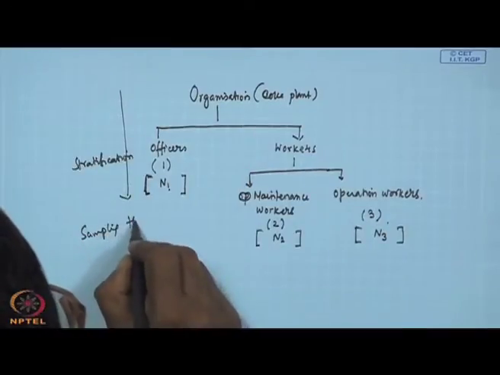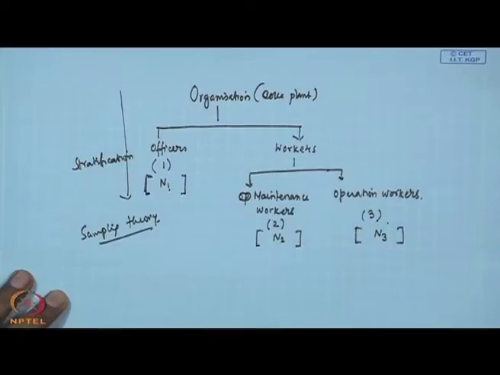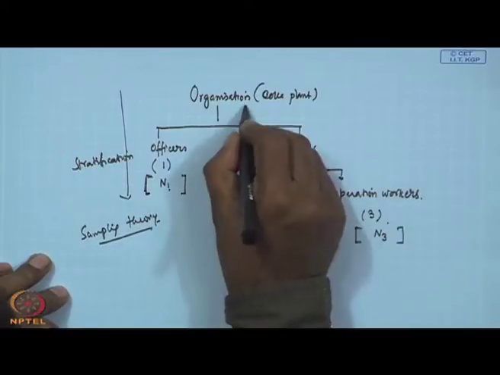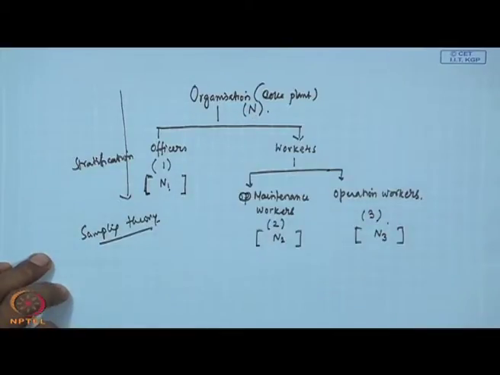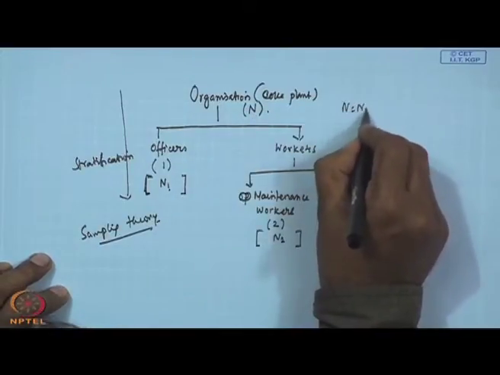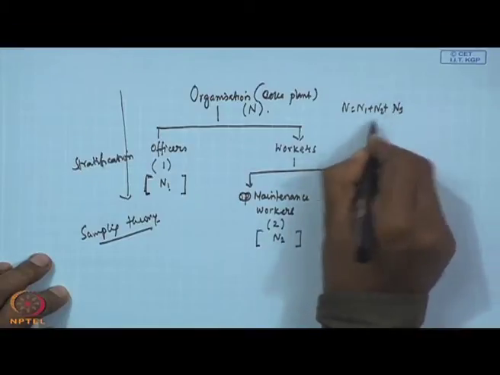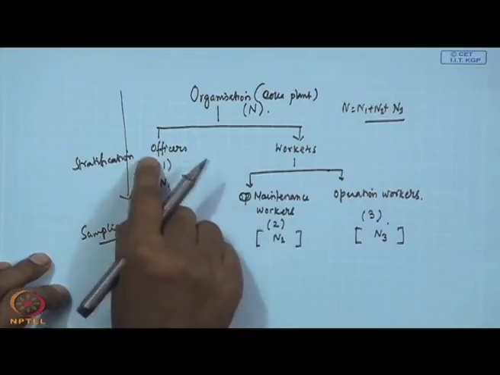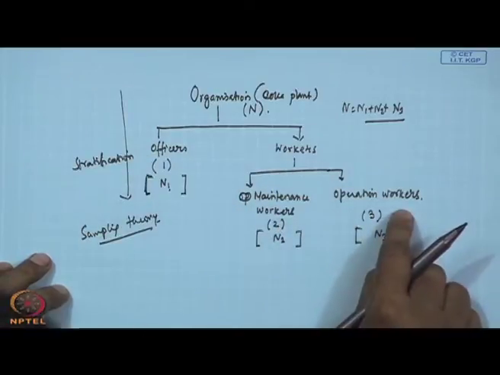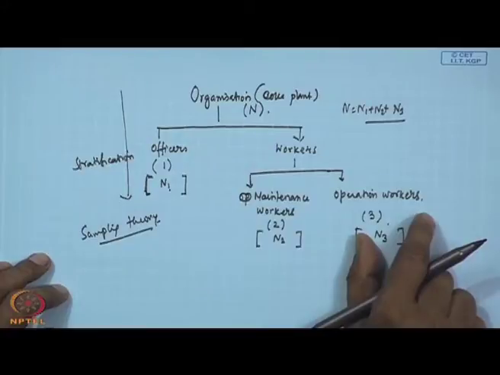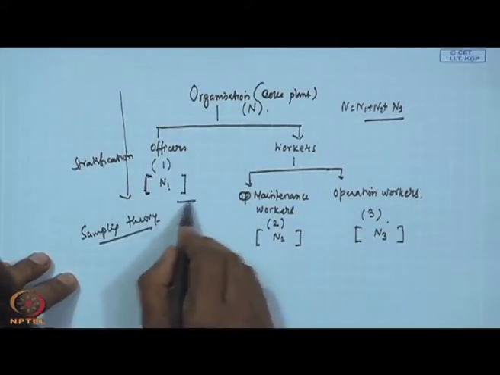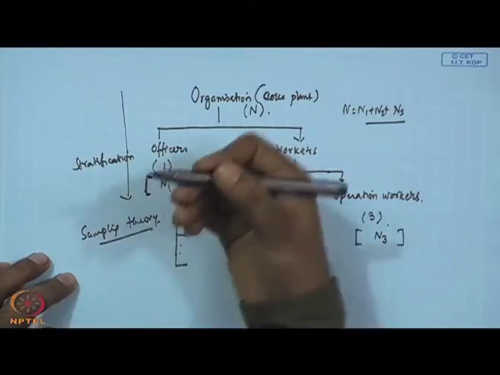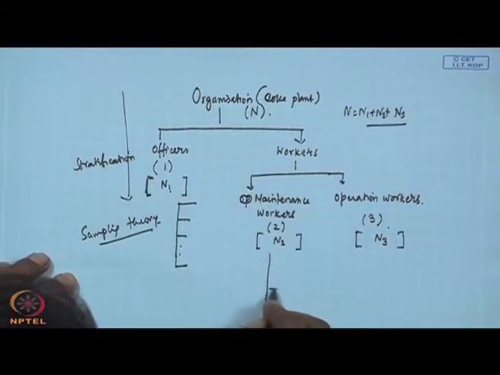In sampling theory, you will find that if N1 people are working in this group, then in totality in the organization N people are working, where N equals N1 plus N2 plus N3 in this case. Now, officers, maintenance workers, operations workers, so many people are there. Again there are 7 factors, so you will be measuring 7 factors everywhere.